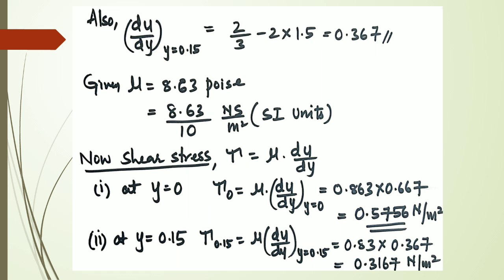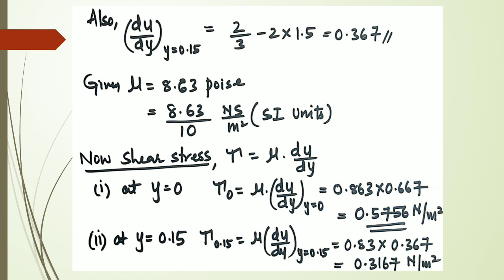Mu he has given, and du by dy is also known at y is equal to 0 and y is equal to 0.15. Substitute all the relations to obtain tau. So tau at y is equal to 0 is 0.5756 Newton per meter square, and at y is equal to 0.15, tau will come 0.3167.